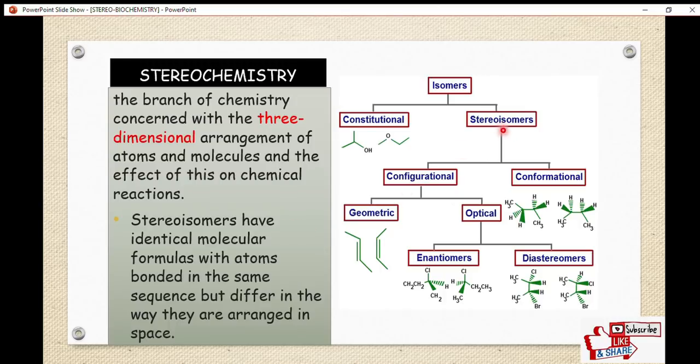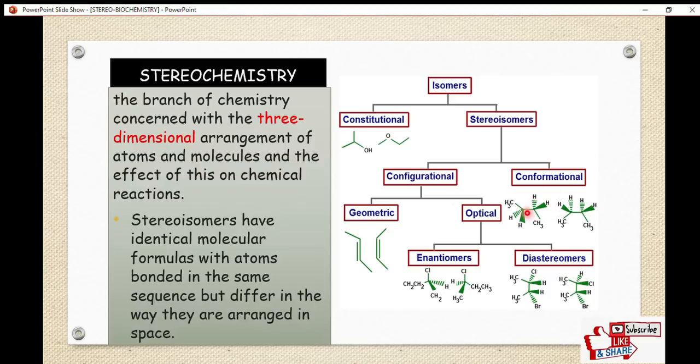Let's talk in detail about these stereoisomers. Stereoisomerism deals with 3D views of molecules. Under stereoisomers we have configurational isomers and conformational isomers. Conformational isomers are just the interconvertibility between molecules around a single bond.